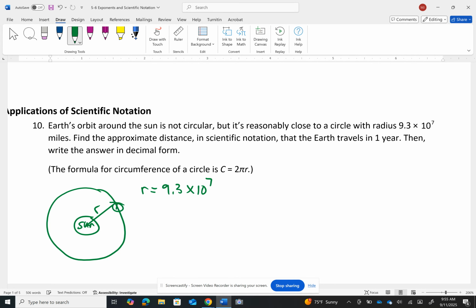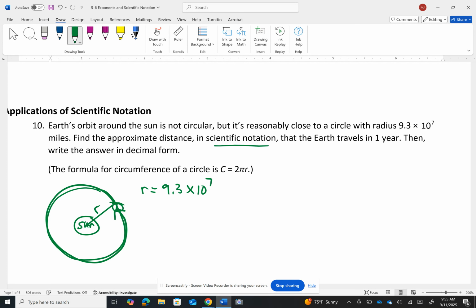Then it wants to know what's the approximate distance, and they want it in scientific notation, that the Earth travels in 1 year. All right, so the idea is in 1 year, it's going to go around the sun.